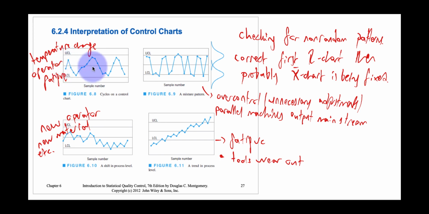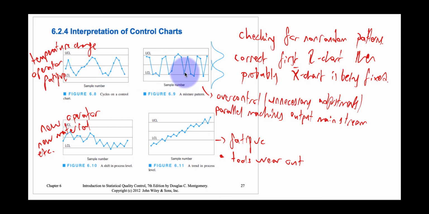This is not random, because there is a dependence here. For example, it decreases consecutively and it increases after some point consecutively. So this is a cyclic pattern. The cause of a cyclic pattern can be, for example, temperature change in the environment or operator fatigue, etc.